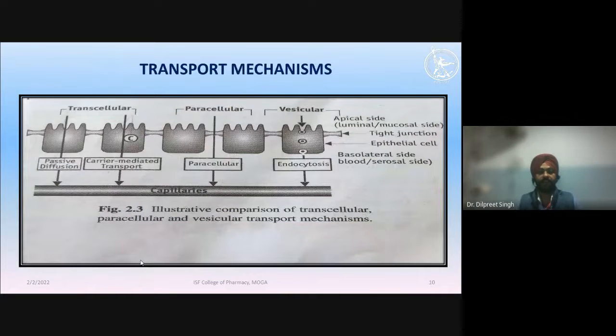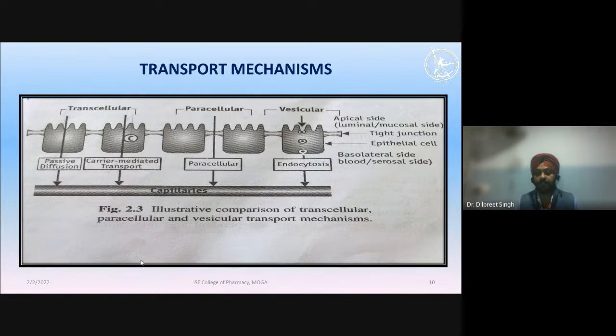The transport mechanism involves different pathways, including transcellular, paracellular, and vesicular. The transcellular pathway is divided into passive diffusion and carrier-mediated transport. The paracellular transport is divided into endocytosis, pinocytosis, and the molecular junctions. These junctions are held between the apical side and the basolateral side of the membrane, covered by the intercellular and extracellular fluid.